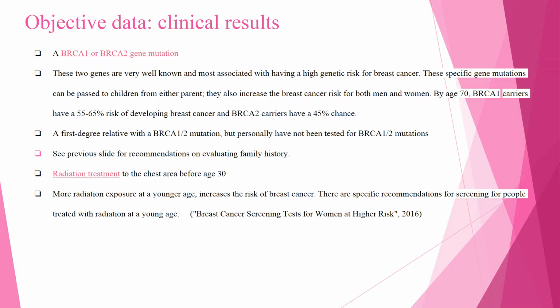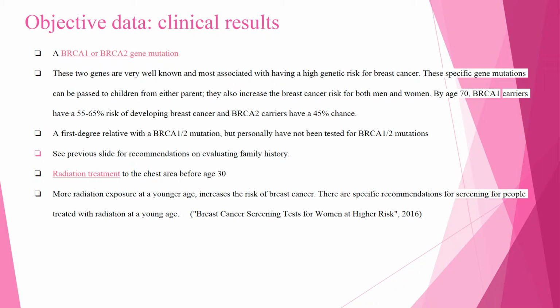They can be passed to children from either parent, and they increase the type of breast cancer that occurs in both men and women. So let's not forget that breast cancer is actually a risk for both genders. By age 70, if you have BRCA1, if you're a carrier, your risk is 55 to 65% of developing breast cancer, which is very significant.